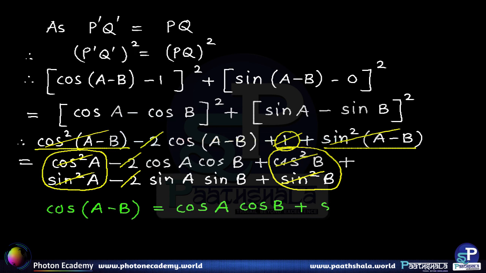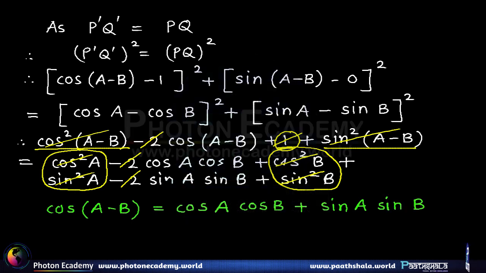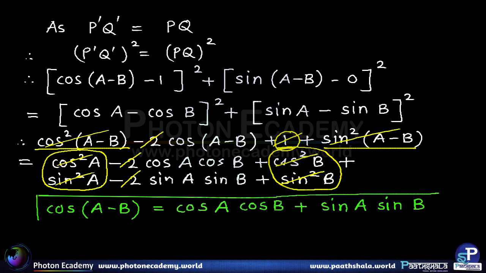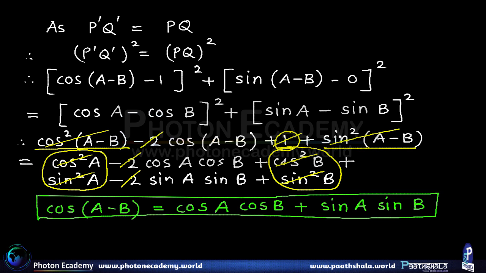So we will be left with cos A cos B plus sin A into sin B. So therefore this is the fundamental formula which we call the compound angle result, and this will be used in proving the remaining results as shown here.